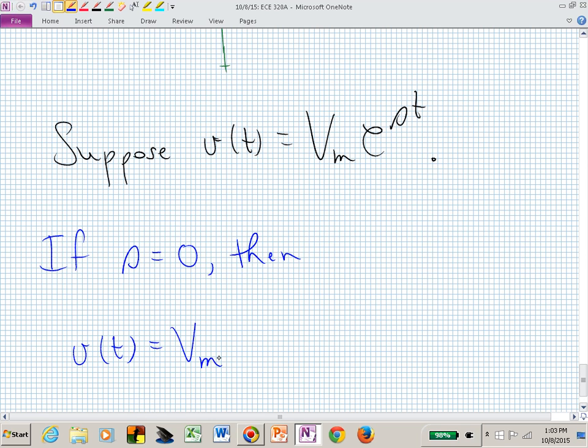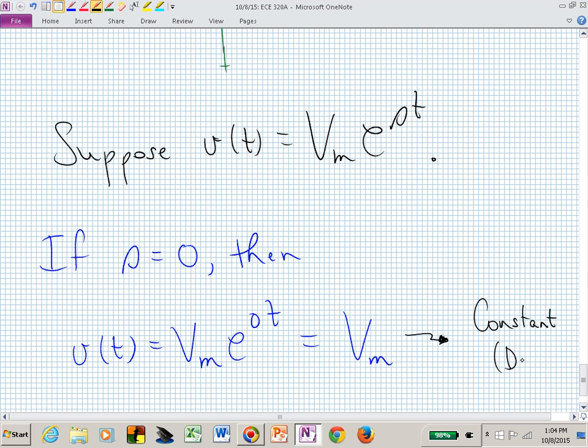If we replace s with 0, what does that give us? E to the 0 is always 1. This just gives us v sub m. How does v of t behave as a function of time? It's not changing, is it? It's constant.